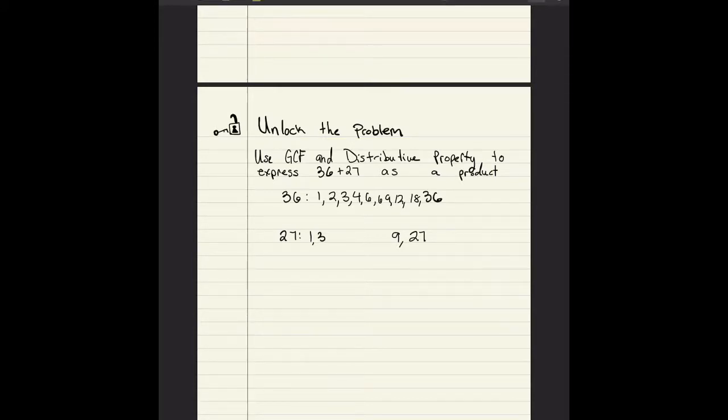So let's highlight our greatest common factors. We have 1, 3, and 9, all in common. And so therefore the GCF equals 9.